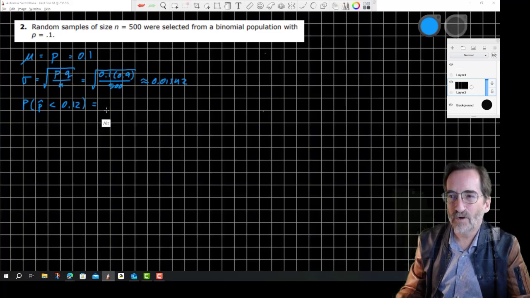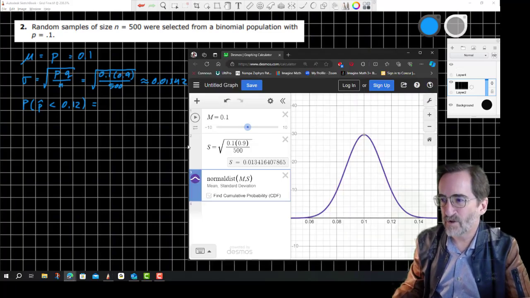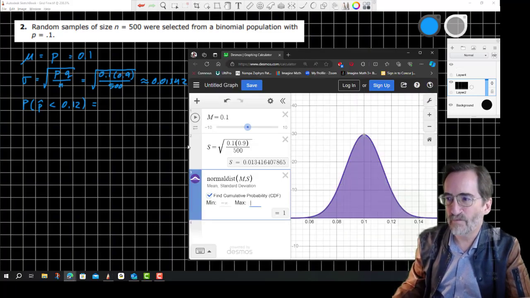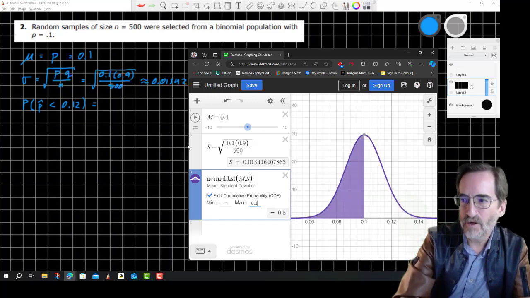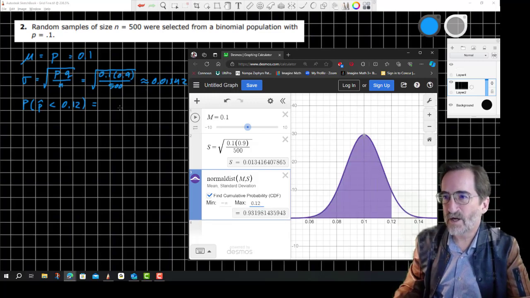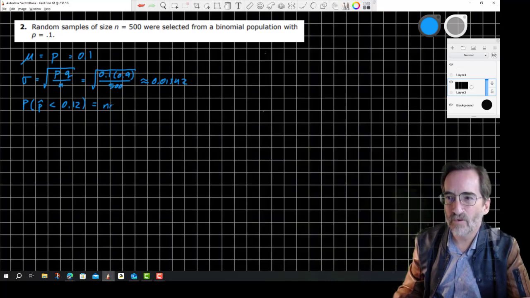And so on Desmos, I'm going to simply find the cumulative probability and put in a max of 0.12. On your TI-84 or 83, you would do this. You would do normal CDF. That's under your distributions menu.